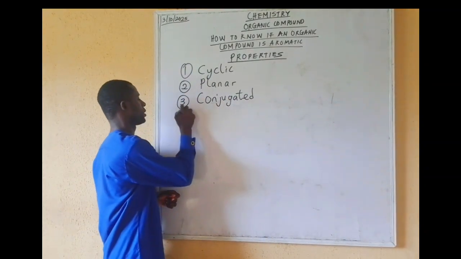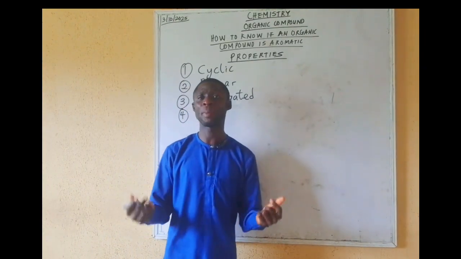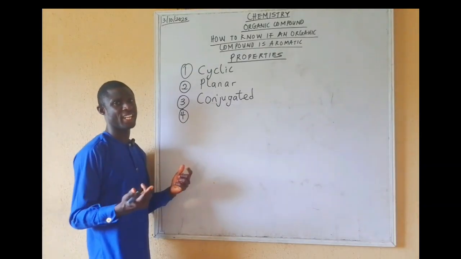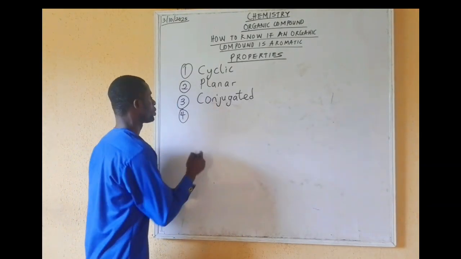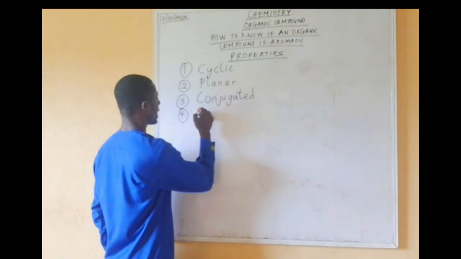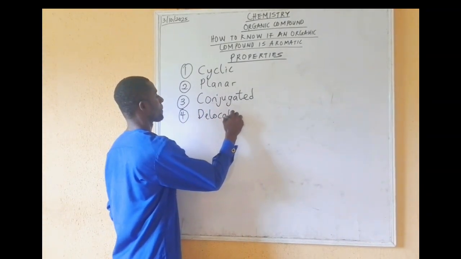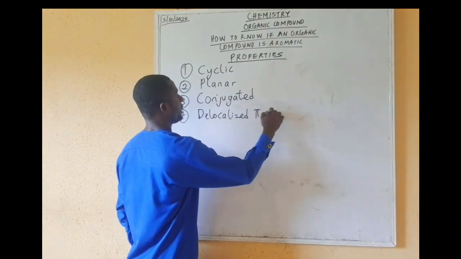The fourth property to look out for in an aromatic compound is that it must contain delocalized pi-electrons. So every aromatic compound must have delocalized pi-electrons.